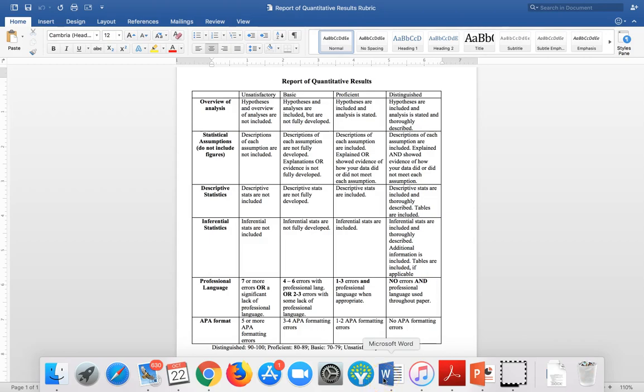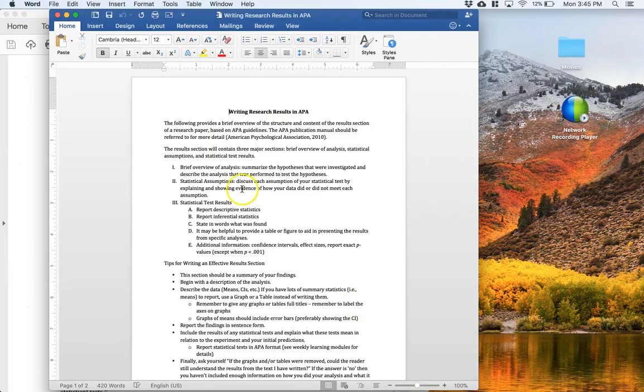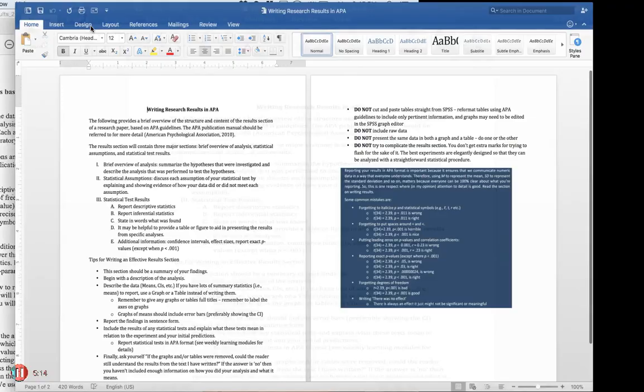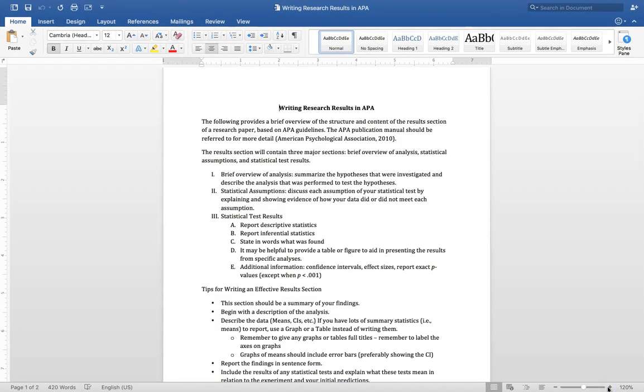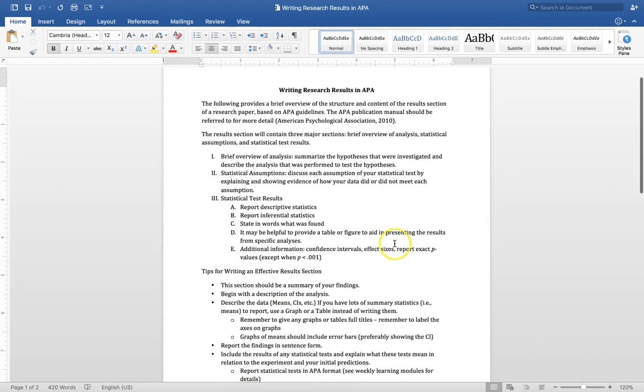Let me show you the resources that I have for you. So this Word document talks about how to write up your research results in APA based on the APA manual. It says the results section will contain 3 major sections: a brief overview of the analysis, statistical assumptions, and statistical test results. Notice that the rubric aligns directly with this.